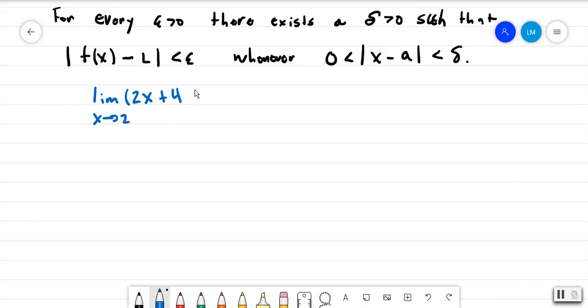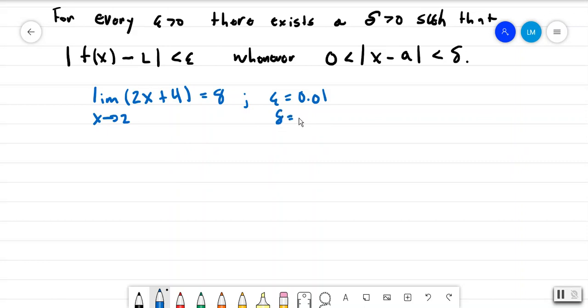Now we know that this limit is equal to 8. But let's suppose that we set the epsilon equal to 0.01.